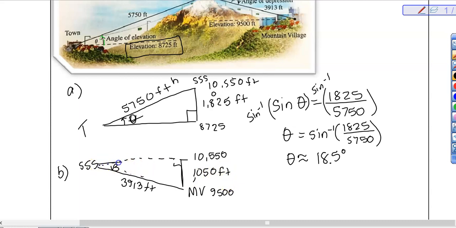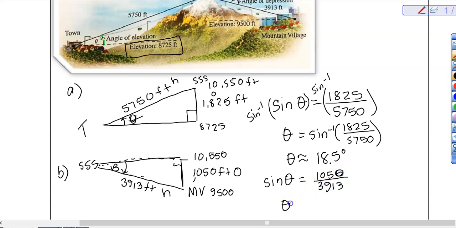Okay, and so we're just working off of your angle of depression here, the horizontal, and then looking down. So we're looking for angle beta. So again, that's opposite and hypotenuse. And so we will use sine again. So sine theta this time equals 1050 over, that's not a 6, by the way, 3913.